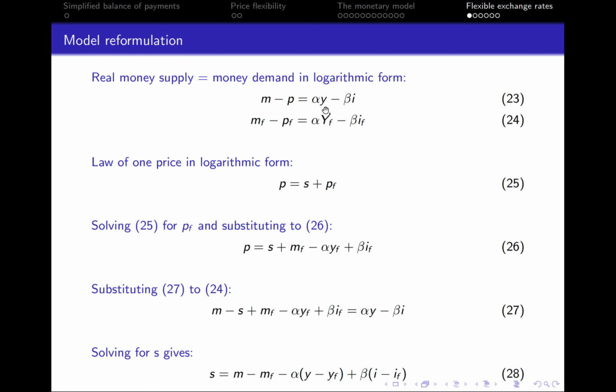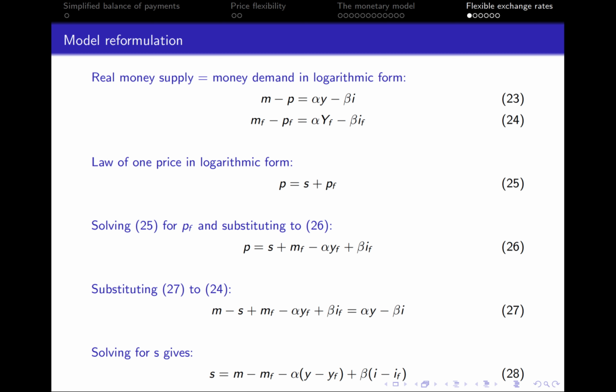We've got transaction demand, so a positive relationship between money demand and GDP, as well as a negative relationship between interest rate and money demand, so the speculative motive. And we've got exactly the same situation abroad. I'm sorry, here should be, of course, lower y, because we remember that lowercase letters for us represent logarithms.